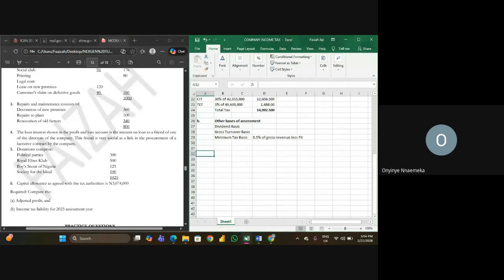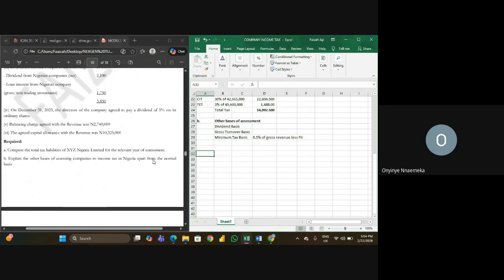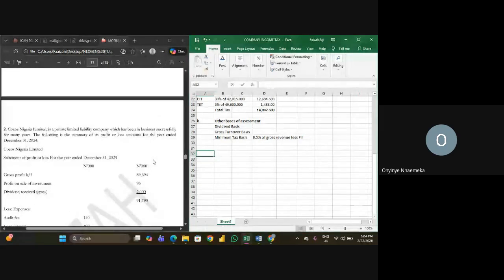Okay, so we have Kokos Nigeria Limited. So the first thing is the computation of adjusted profit for 2025 year of assessment.